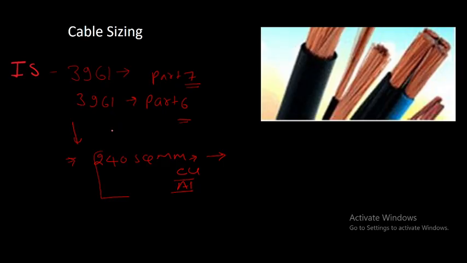So first, there are three things for cable sizing. Point number one is the derating of cable ampacity. What do you understand by the derating of cable ampacity?